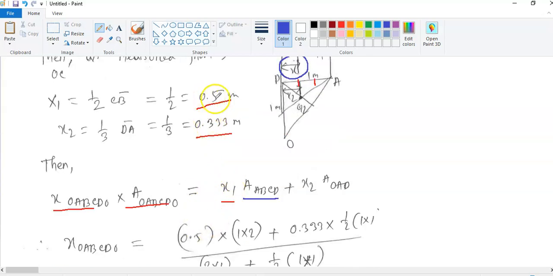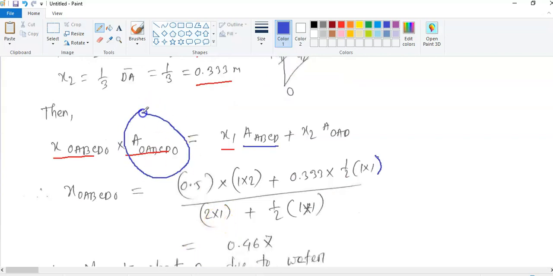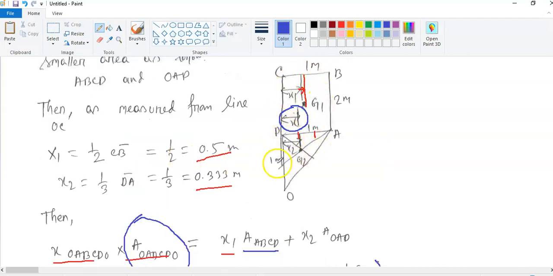And x1 equals 0.5, so it is 0.5 into 1 into 2, plus x2 equals 0.333, and the area of this triangle is half into 1 into 1, over the area of O, A, B, C, D, O. That means this 1 into 2 plus half of 1 into 1, the area of OABCD, that means this one plus this one.